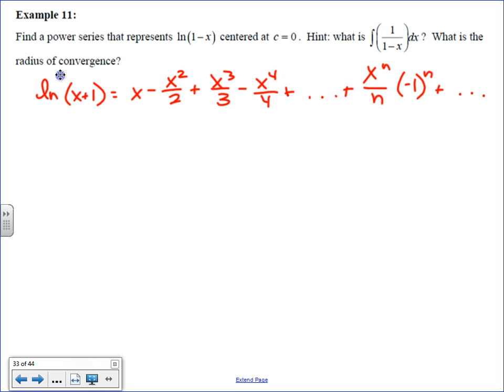No, I'm wrong. What's wrong with my nth term formula? Plus 1. Because if it's x to the n, it'd be x to the 0. It starts with x to the 1, so x to the n plus 1. Sorry, the negative 1 to the n probably should go in the front, but whatever.